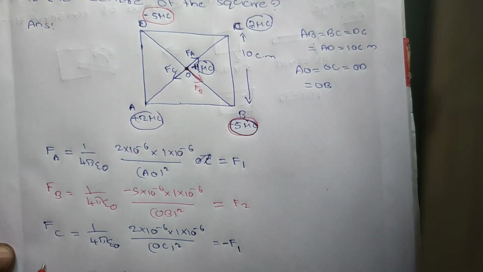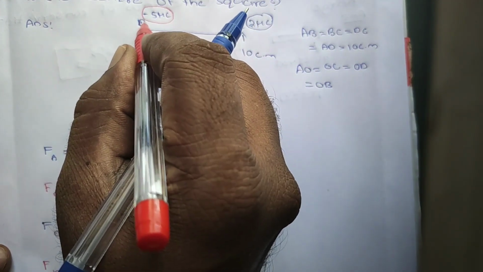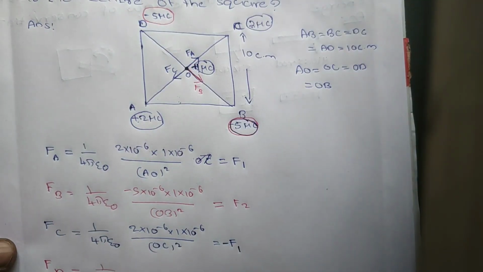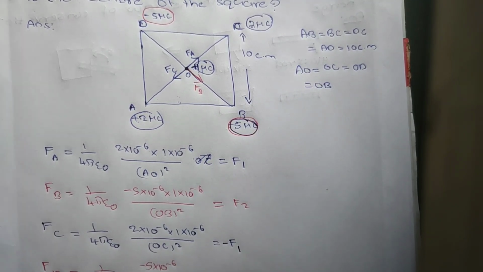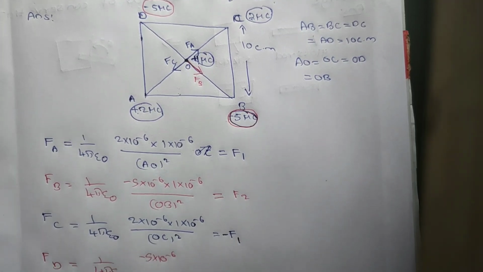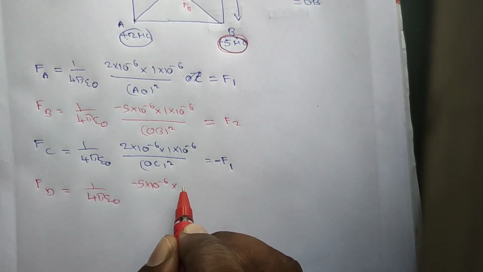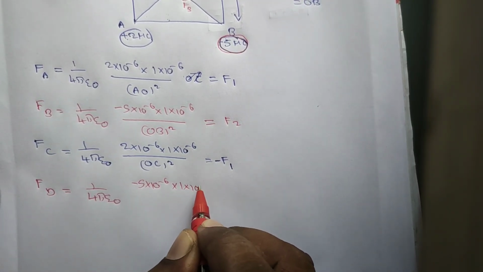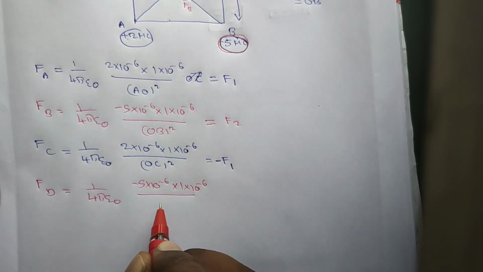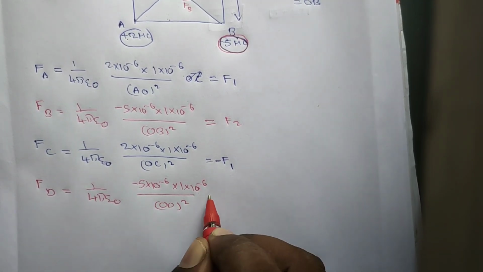Then next I'll find out the force acting on D on O. That is, FD is equal to the force acting on D on O. That is 1 by 4 pi epsilon naught, minus 5 into 10 power minus 6 into 1 into 10 power minus 6 divided by OD square.